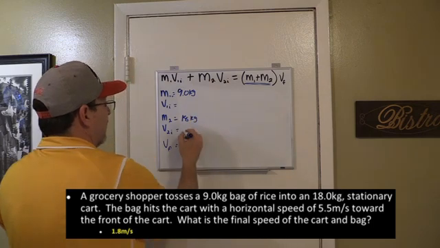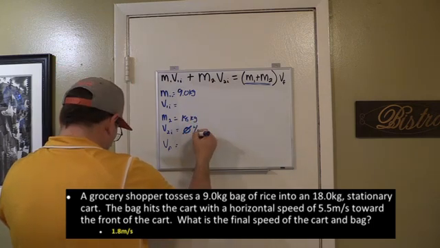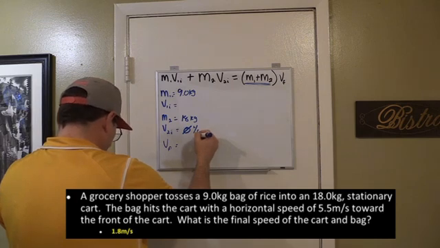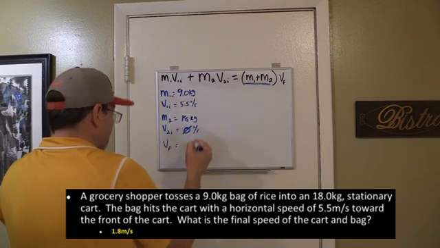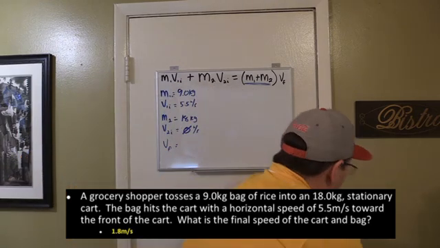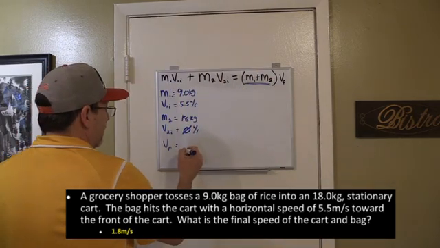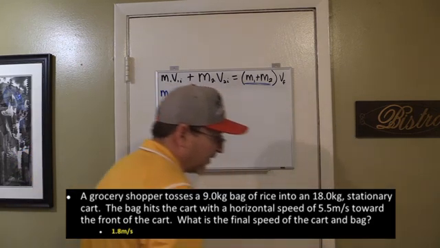That means the velocity initial for the cart is 0. It says it hits the cart with a horizontal speed of 5.5 meters per second. And I need to find the final velocity. What is the final speed of the cart and the bag?